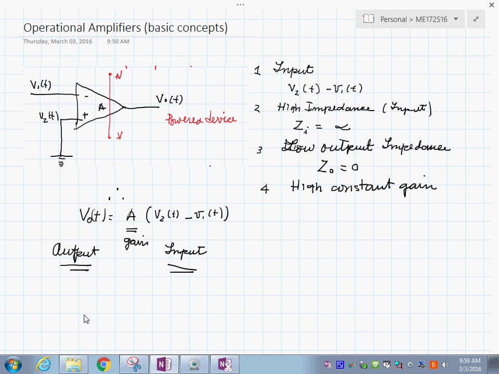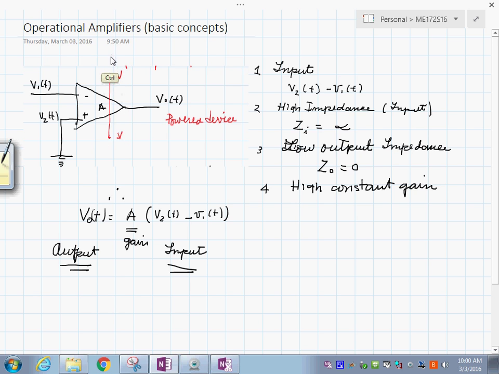So I'm telling you what the device is in here, but in reality the device is not by itself. It's powered from the outside. So we assume that all operational amplifiers are externally powered.